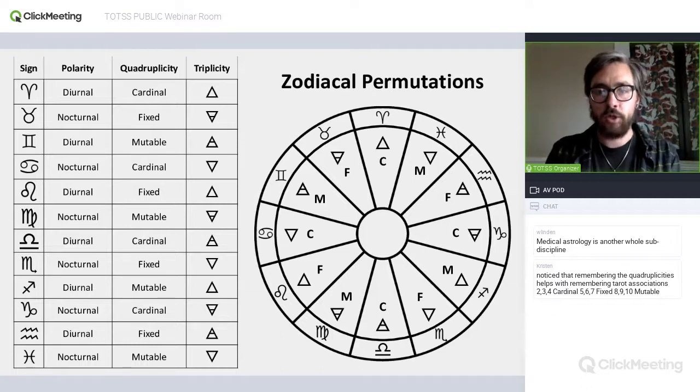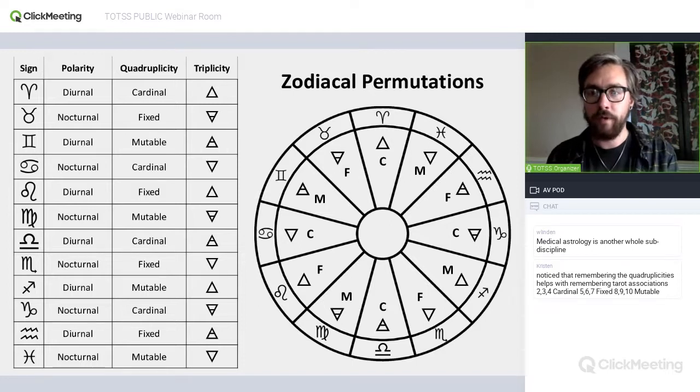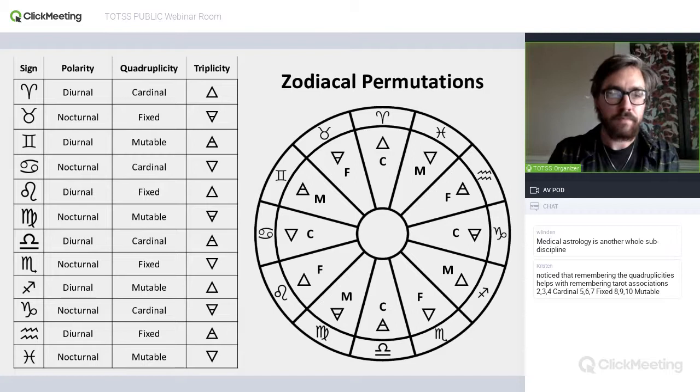And then there you see that just arranged around the zodiac. We've got the elemental glyphs, and then just C for cardinal, F for fixed, and M for mutable. And again, so it's like a permutation, right? We're taking the groups of 2, 3, and 4, and just permuting them over a group of 12. And that functions to make it perfectly continuous, because 12 is a multiple of 2, 3, 4, and 6.